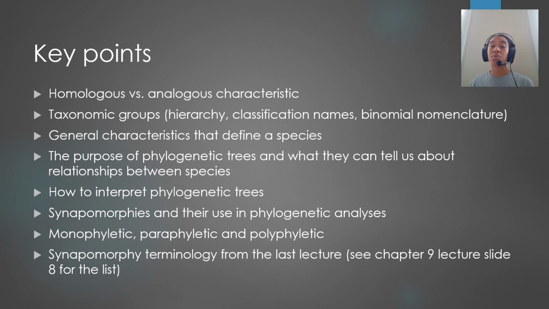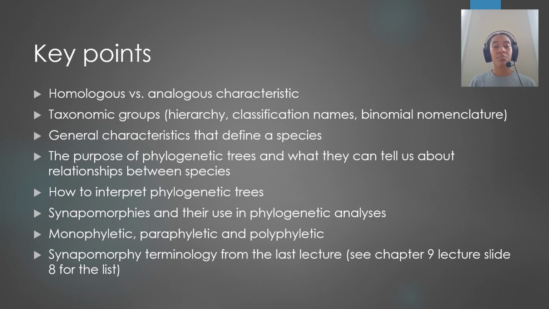Know how to interpret a phylogenetic tree, so know how to read it and what it means, and when you see 2 species on a tree, what does it mean when they're grouped in different ways. Know what a synapomorphy is, and how they're used in phylogenetic analysis. Know the difference between a monophyletic, paraphyletic, and polyphyletic group.